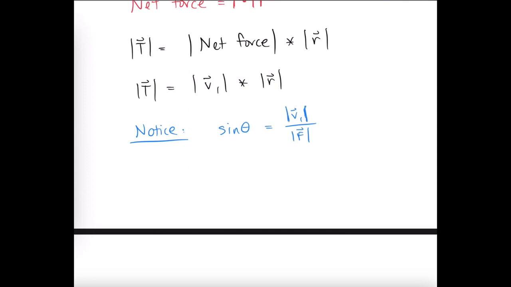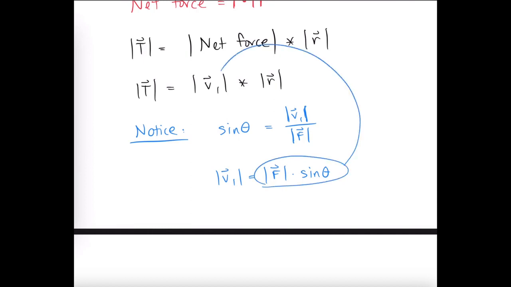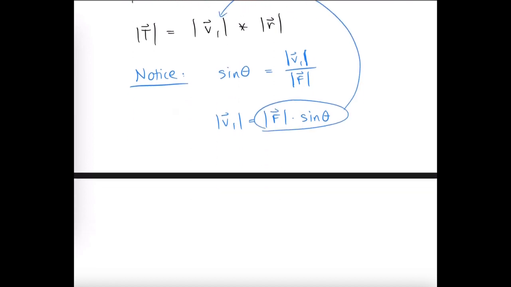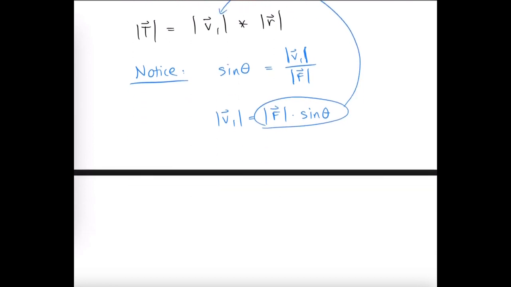And from here, we can solve for mag V1 simply by multiplying both sides by the magnitude of the force vector, and then we'll get that mag V1 is equal to mag force times the sine of angle theta.